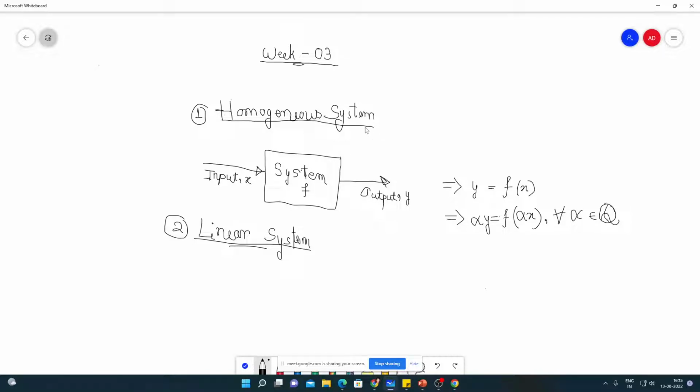Yeah, in case of a linear system, the system must be homogeneous, and it should also satisfy another property known as superposition.